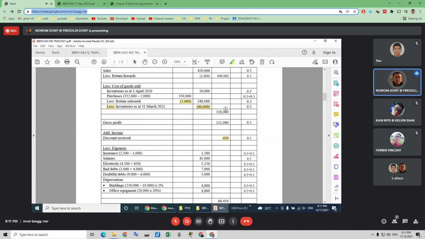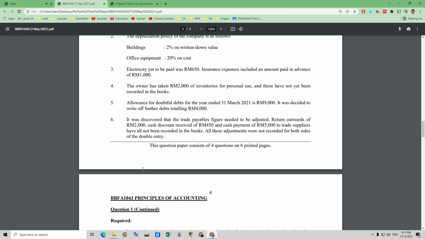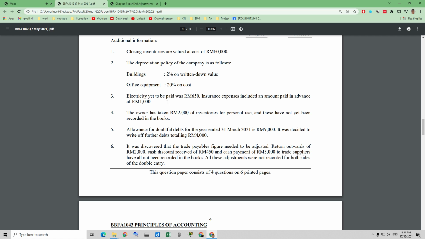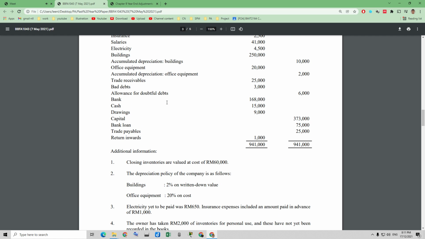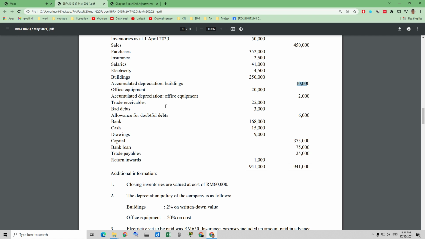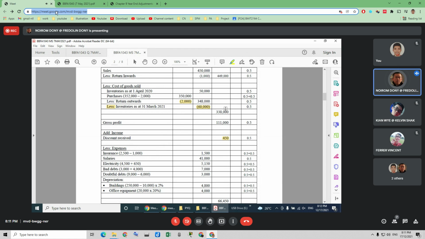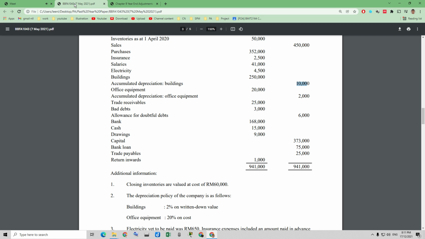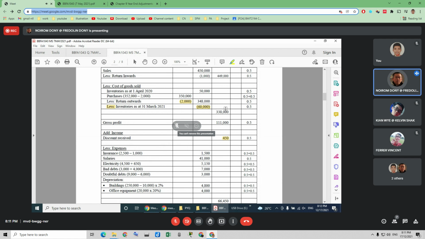So when you calculate the building, you have to look at the cost. The cost is 250,000. And look at the cumulative depreciation of the building, 10,000. So you have to minus first, 250,000 minus 10,000. So you have 240,000 as a net book value. Then you times with the percentage, 2% times 240,000.